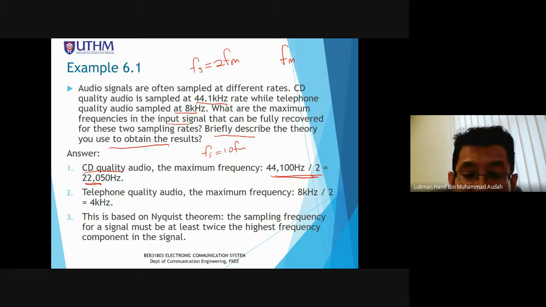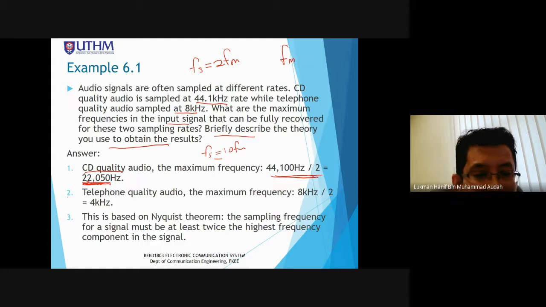So dalam kes ini sebenarnya 22.05 kilohertz adalah maximum input frequency. Tetapi ianya merujuk kepada kita menggunakan kaedah minimum sampling rate. Kita bahagi 2 saja. So kita bahagi 2, kita dapat frekuensi yang inilah. Walaupun dengan frekuensi ini kita masih boleh menghasilkan kualiti yang lebih baik.